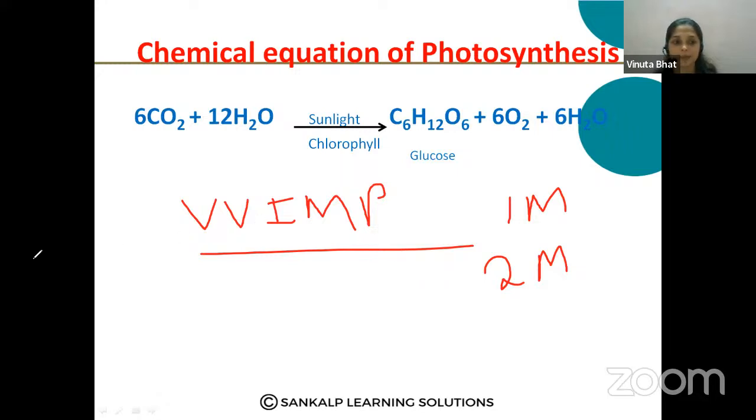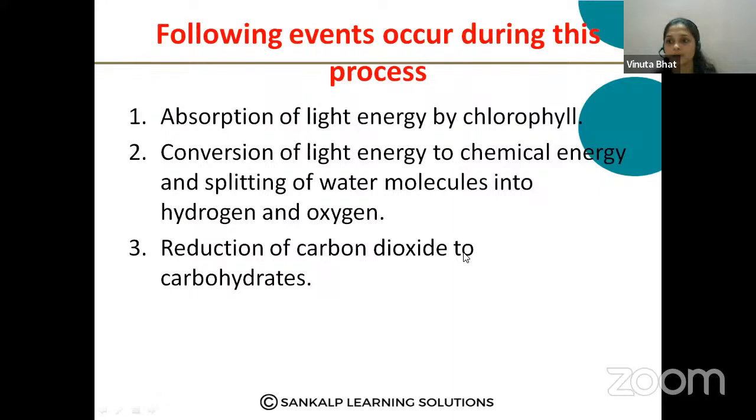Then in the photosynthesis process, three important steps take place. What are the three important steps? This is also asked in the exam, very important. The first step is absorption of light energy by the chlorophyll. The chlorophyll absorbs the light energy from the sun.